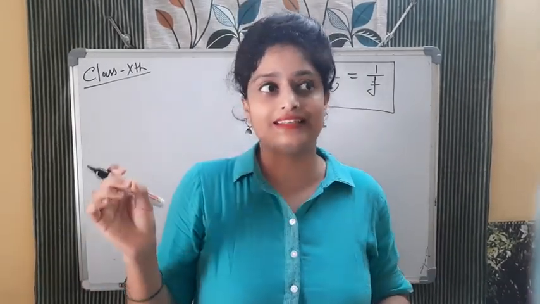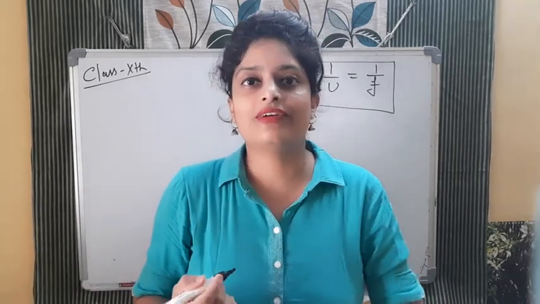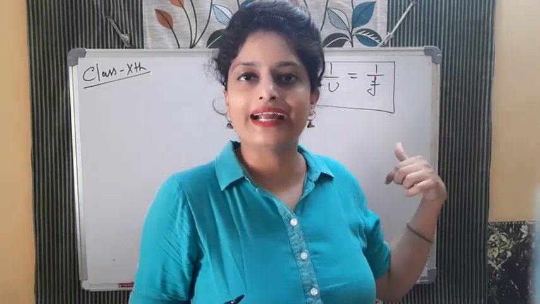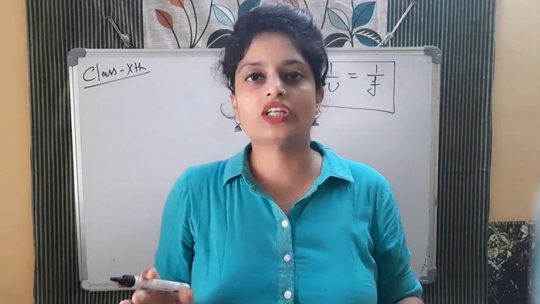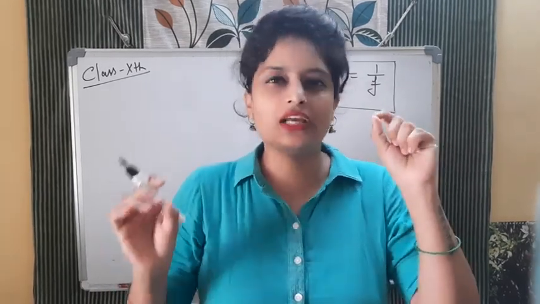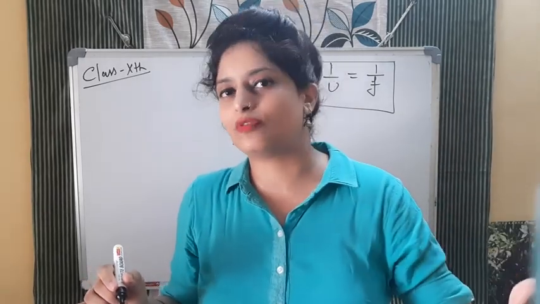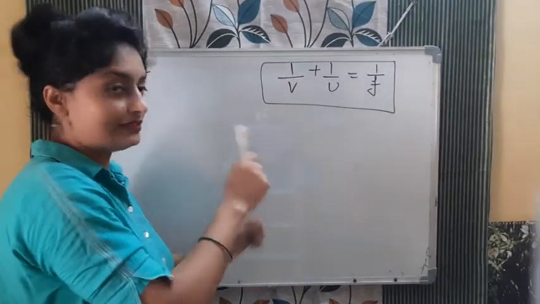And that mistake is about the sign, that when you need to take negative and when you need to take positive. Object distance, image distance, height कब positive होगा, height negative कब होगा, distance कब positive negative होंगे. So for that sign convention I told you today again very quickly. I will tell you which u is negative or positive, v is negative or positive for which mirror. So please just watch that and then we will solve numerical.